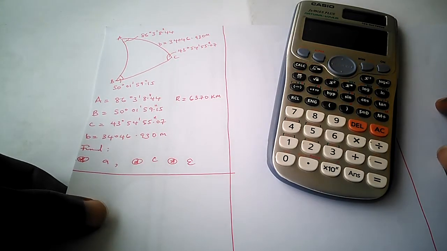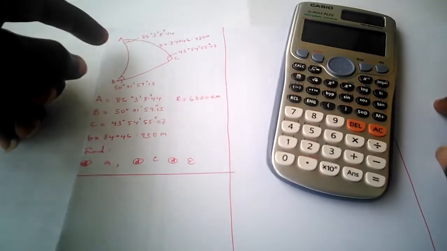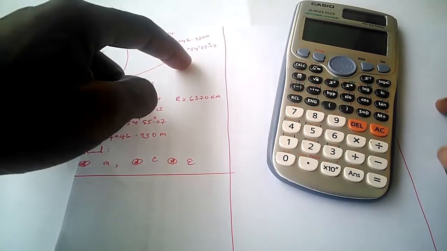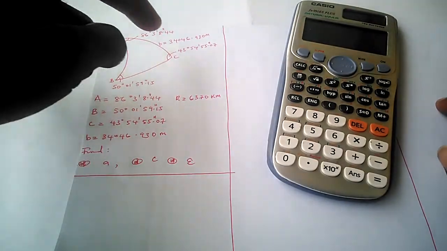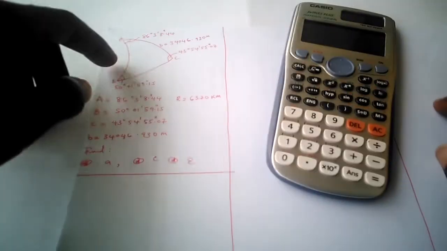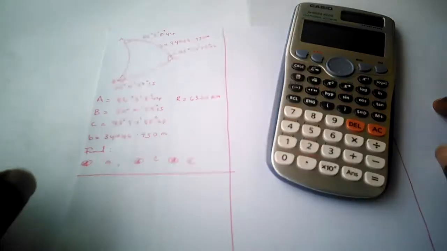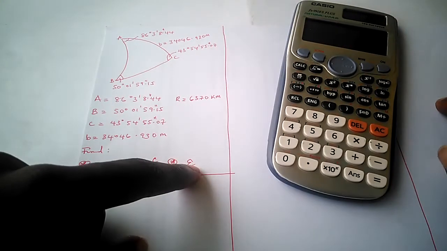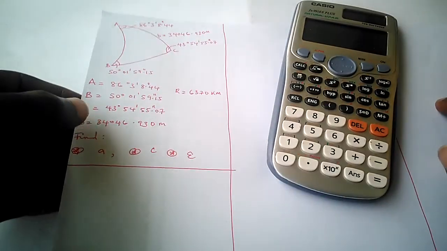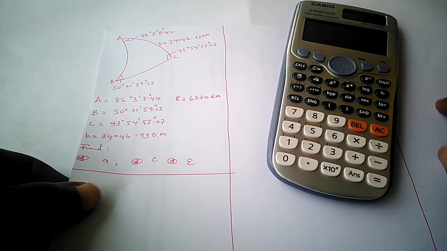We've been given a spherical triangle and its different angles, and we've also been given one of the sides. We are asked to compute the two other sides, and also to compute the spherical excess. That will be our task today, and I am glad to have you join me as we find a solution to this surveying problem.